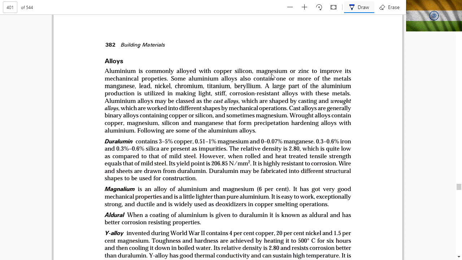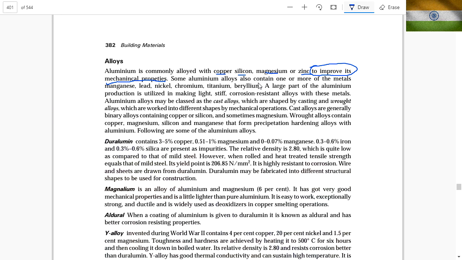Now there are some alloys, meaning aluminum is commonly alloyed with copper, silicon, manganese, magnesium, zinc. We alloy these with the aluminum to improve its mechanical properties. Some of the aluminum alloys also contain one or more of these metals like manganese, lead, nickel, chromium, titanium, beryllium.